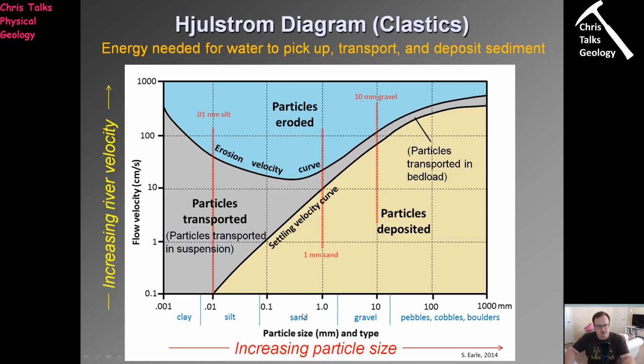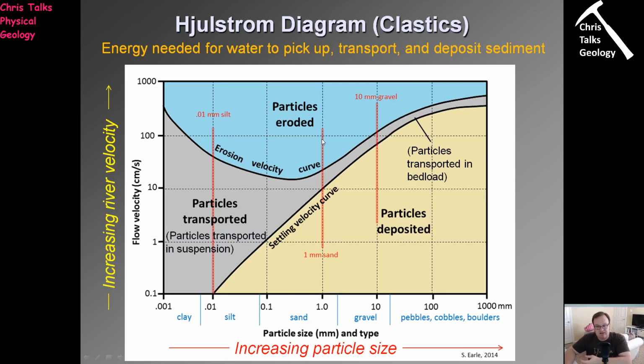If we were concerned about, let's say, a sand, so let's go for 1 millimeter because it's nicely picked out here in red for us, what we can see is that in order for a moving body of water to pick up, essentially erode, a sand, it has to be moving at speeds of probably about, it's difficult to say, about 20 centimeters a second. If you're moving at a velocity above 20 centimeters a second, your river has the capacity to physically erode, so take that sand from a sediment and begin transporting it.